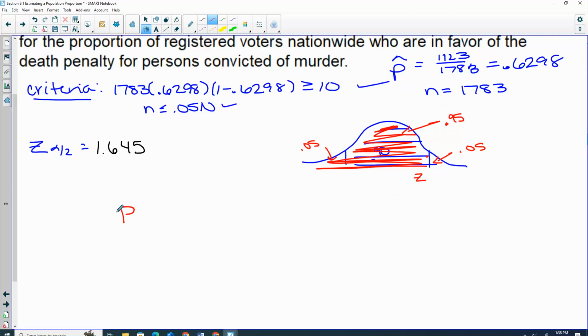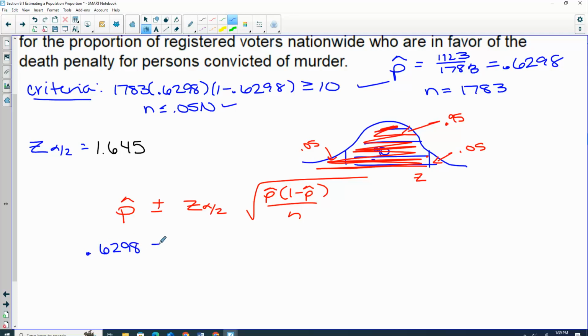We are doing p hat plus or minus z alpha over 2 times the square root of p hat times 1 minus p hat over n. So we're just plugging in. P hat was 0.6298, plus and minus z alpha over 2, 1.645, square root of p hat, 1 minus p hat, over n.